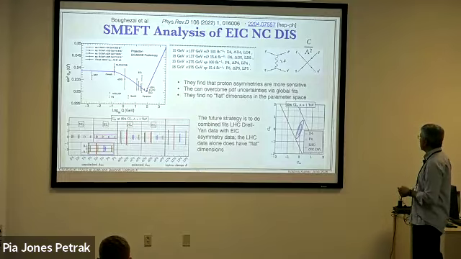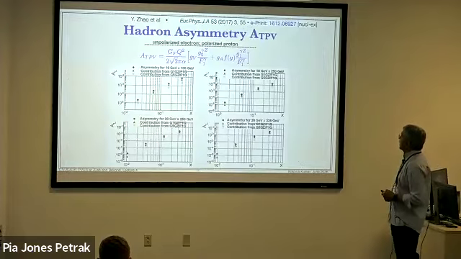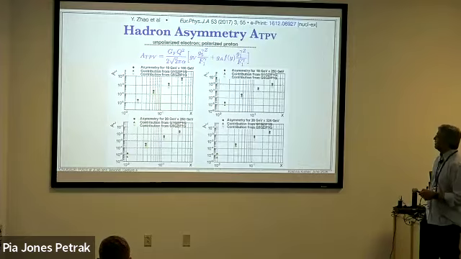This is a more recent study looking at this kind of new physics analysis. Again, the hadron asymmetries, the TPV, ATPV, G5 structure functions. This is the study of how well we can measure them at the EIC. And again, 100%, factor 10, 10%.